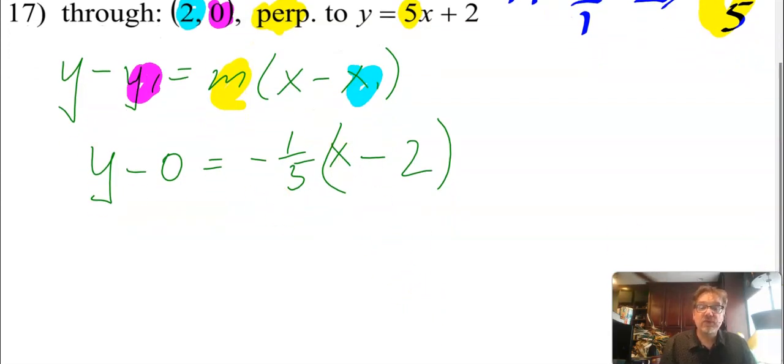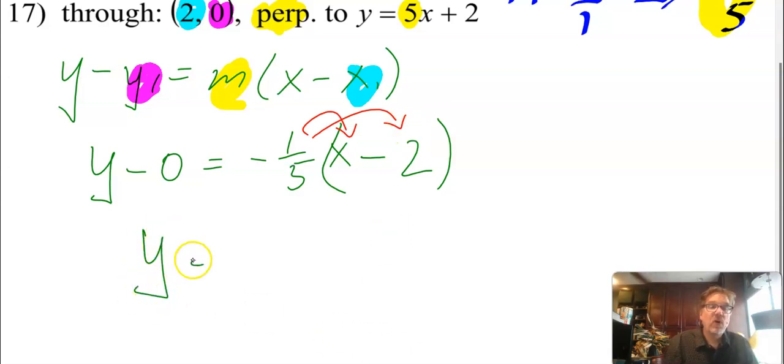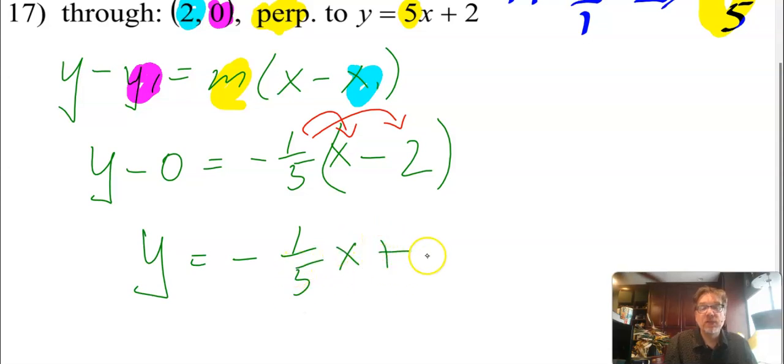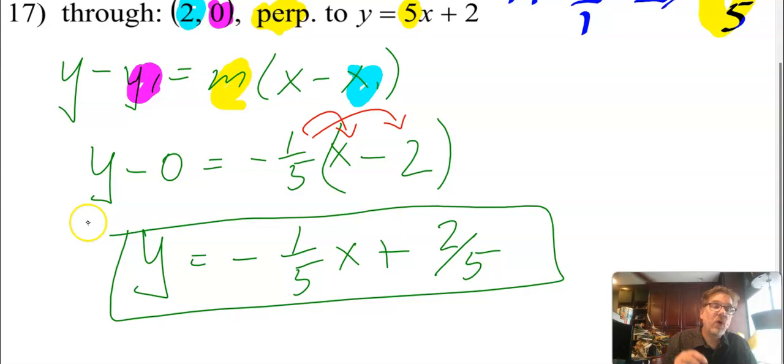Distribute the negative 1/5 into the parentheses. So I'm going to have y equals negative 1/5 x plus, if you do that in your calculator, 1/5 times 2 is 2/5. It's in the right form. y is by itself. We're good to go.